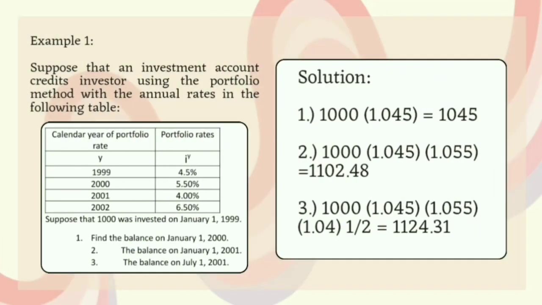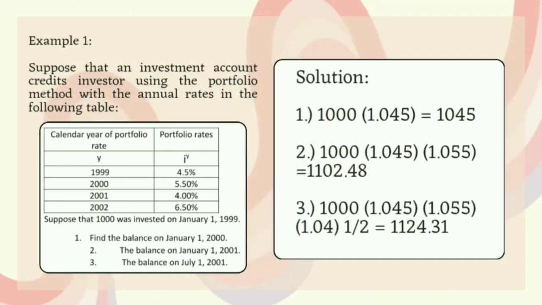So let's move on to example 1. Suppose that an investment account credits investors using the portfolio method with the annual rates in the following table. Now, suppose that 1,000 was invested on January 1st, 1999.